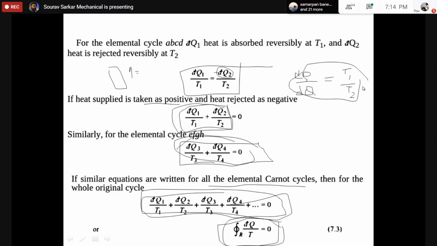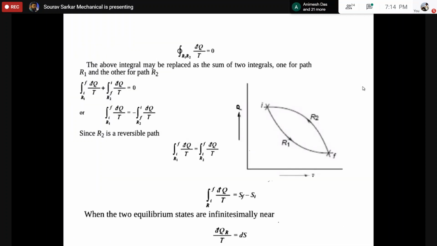That is a property. Exactly. Excellent. So that is the statement. If cyclic integral of dq by T equal to 0, that means if I go from the point I to F through the path R1, then I again return back to the initial state by the path R2.